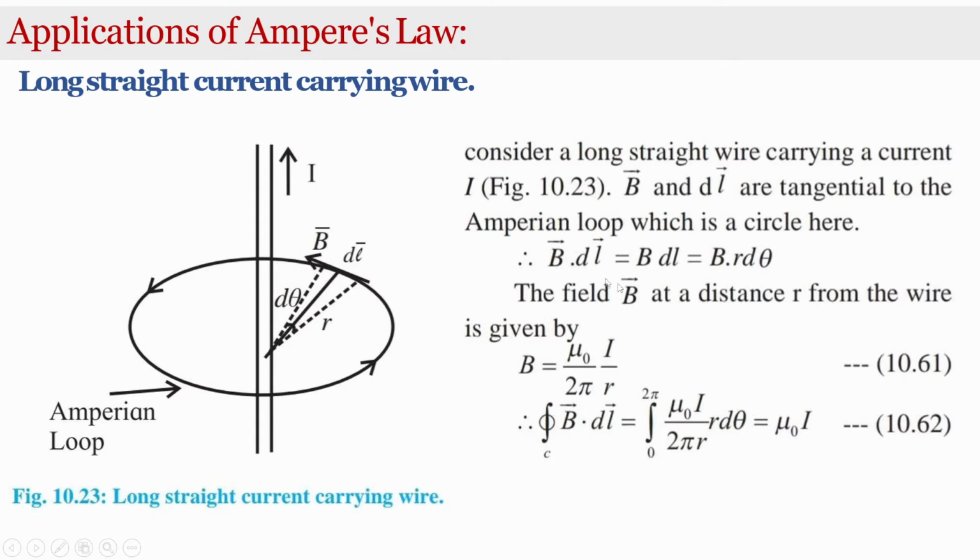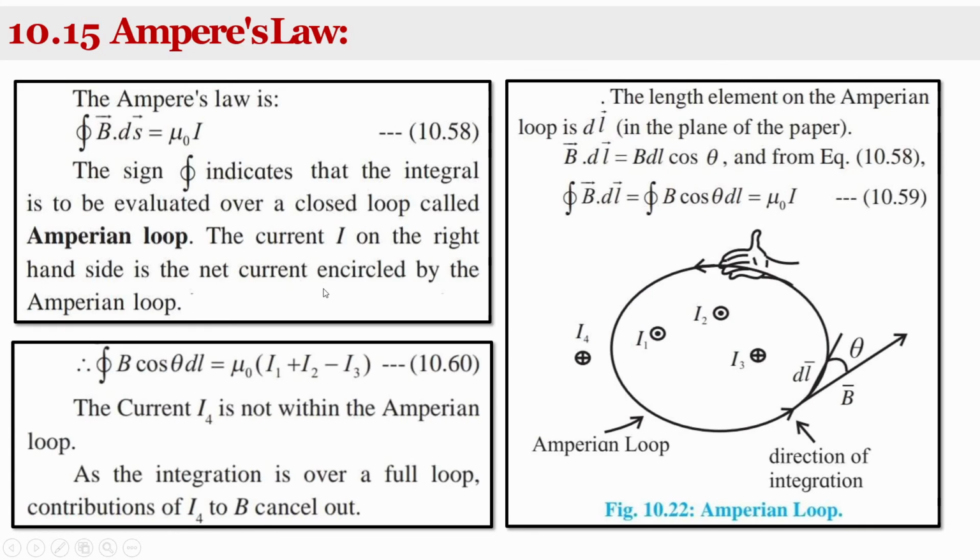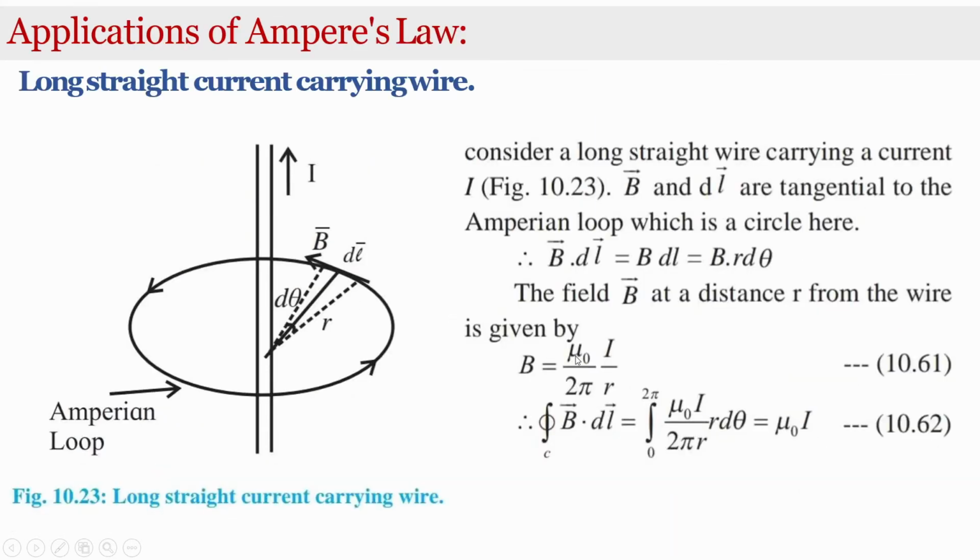The magnetic field B at a distance r from the wire is given by the formula we already derived for a straight conductor carrying current. What is the formula for magnetic induction B? We know that B is equal to mu naught I upon 2 pi r.